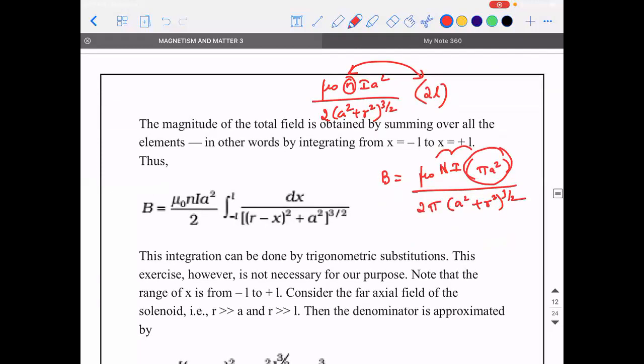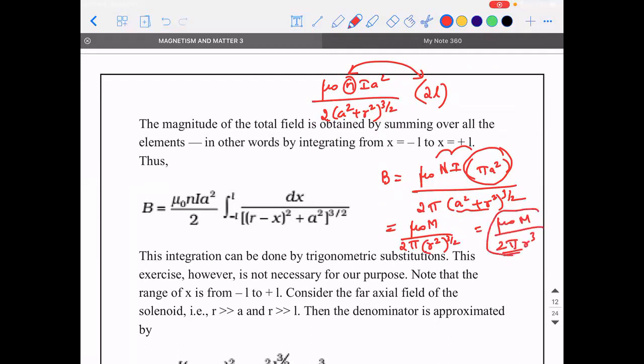It will give us the magnetic dipole moment. Mu naught M divided by 2 pi into A square plus r square can be approximated to r square the whole power 3 by 2. So how much will be the answer? Mu naught M divided by 2 pi r cube.